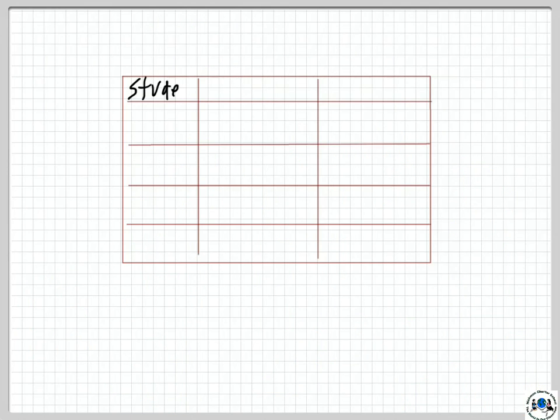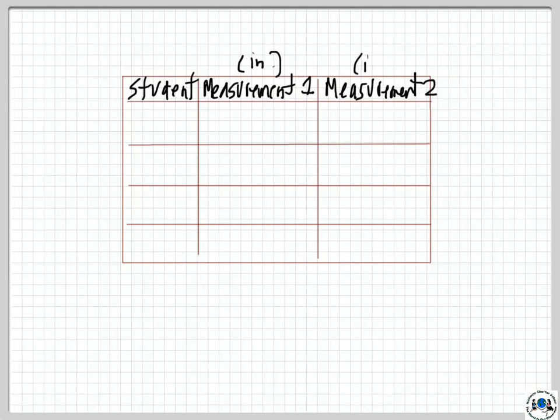Okay, so we're going to do a little practice problem here. In the classroom, you can imagine we could all have our Chromebooks up, and I could ask 3 of you to measure your screen size.